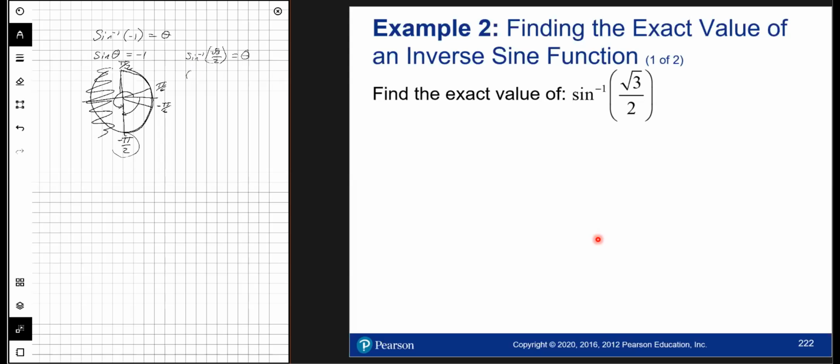So then we say that the sine of the angle we don't know yet is the square root of 3 over 2. Well, sine is positive in the first quadrant, and so we're looking for a positive angle up here. So we're looking at the y values of these angles.